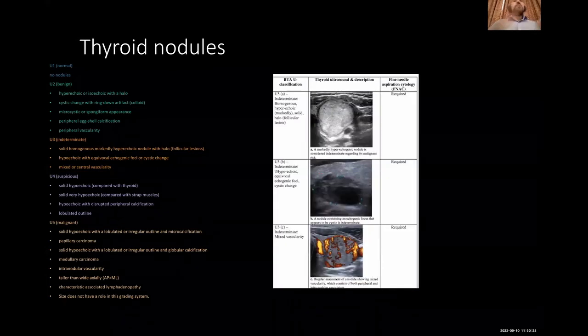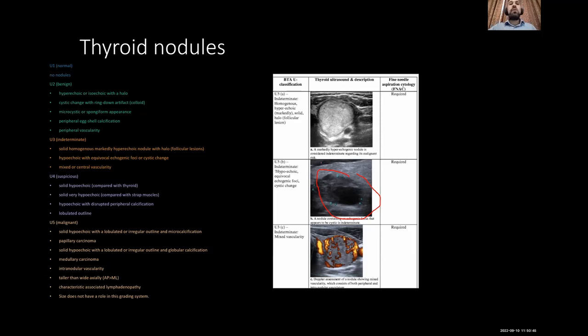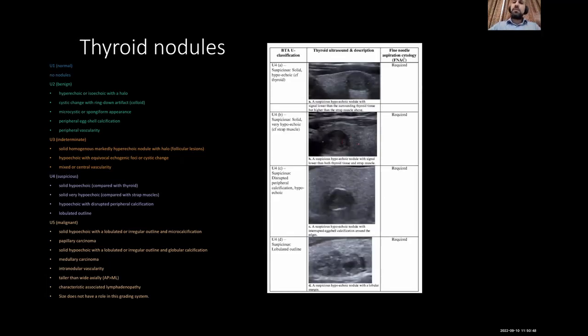U3 is called indeterminate. You will send this patient if you find a solid, homogeneous, markedly hyperechoic nodule with a halo, which means compressed surrounding soft tissue, or heterogeneous, hypoechoic with equivocal echogenic foci and internal vascularity. U4 is suspicious, highly suspicious: hypoechoic lesions with disrupted peripheral calcification.